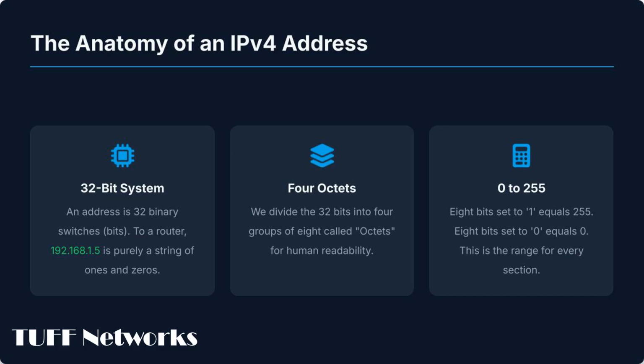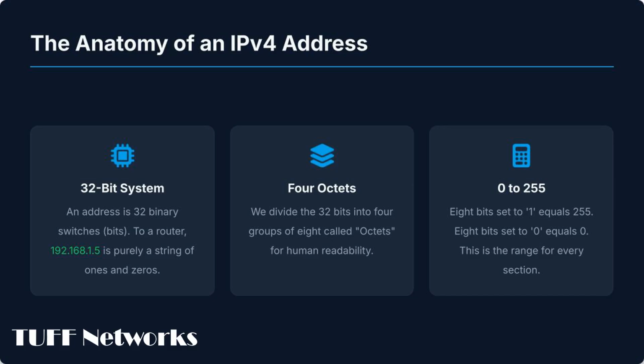In an 8-bit octet, each position represents a power of 2. Reading from left to right, the values are 128, 64, 32, 16, 8, 4, 2, and 1. If you turn all those bits on, meaning they are all ones, and you add 128 plus 64 plus 32 all the way down to 1, you get 255.